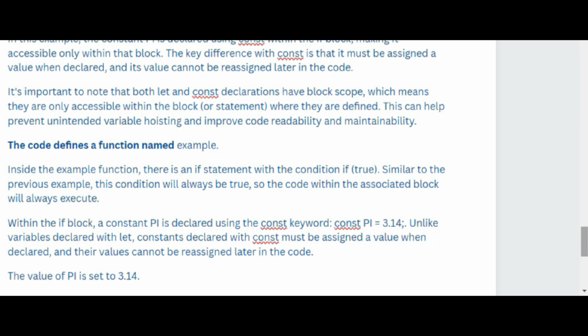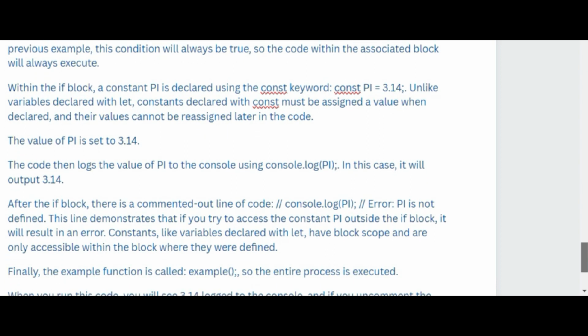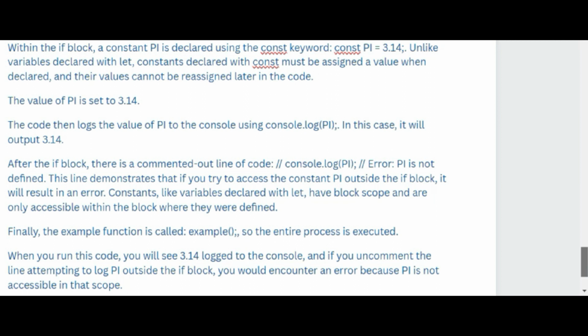Unlike variables declared with let, constants declared with const must be assigned a value when declared, and their values cannot be reassigned later in the code. The value of pi is set to 3.14. The code then logs the value of pi to the console using console.log pi. In this case, it will output 3.14.